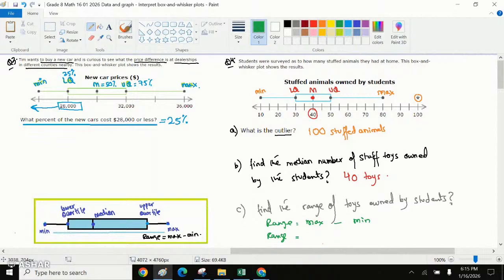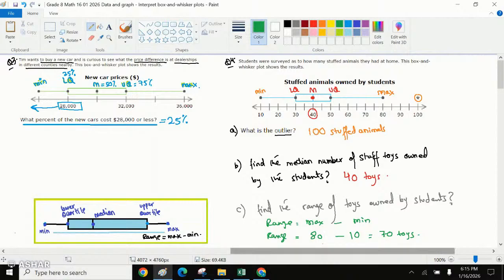In this case, we do not consider the outlier because that is not part of the box and whiskers, right? The maximum would be 80 minus the minimum, which was 10. That means 70 toys is the range. There could not be a student who has less than 10 toys, right? So that is the range for us, if we do not consider the outlier.